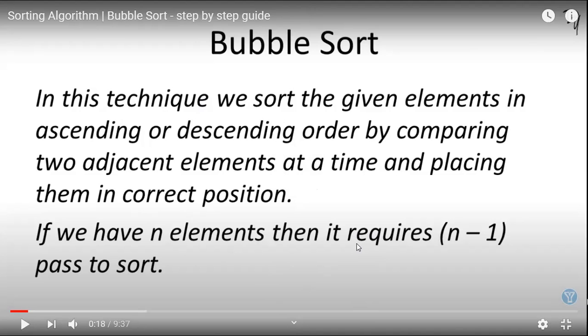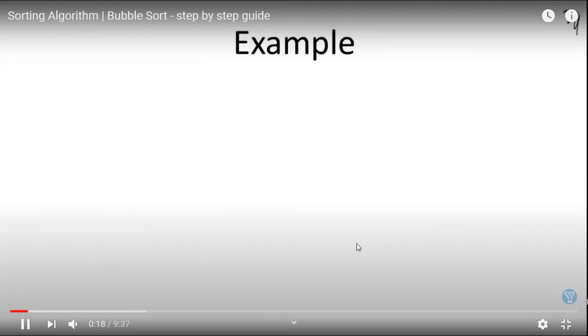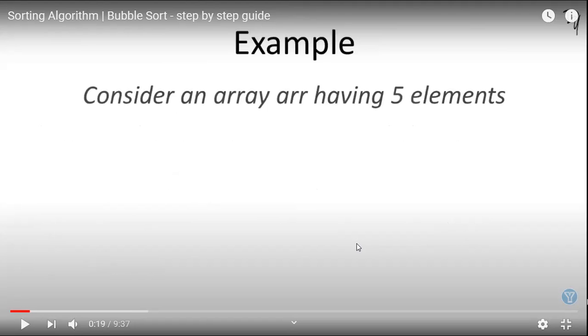It depends on the algorithm, right? In our bubble sort, it should have n minus 1 passes to sort. That is, n minus 1 times I should repeat the same checking or comparison. Just we will see with an example.